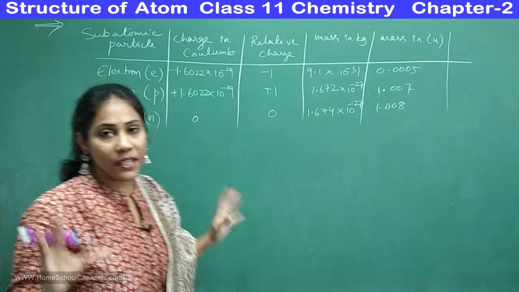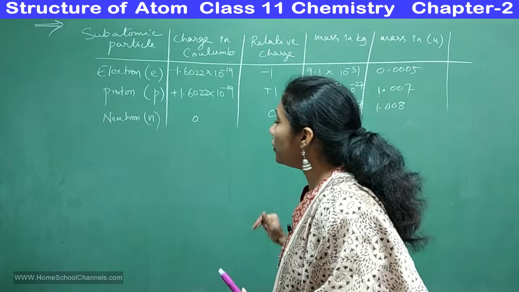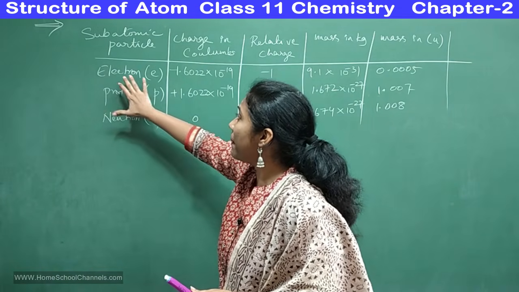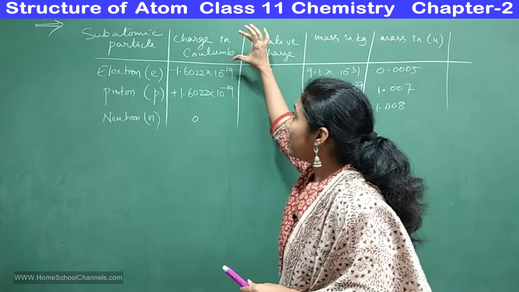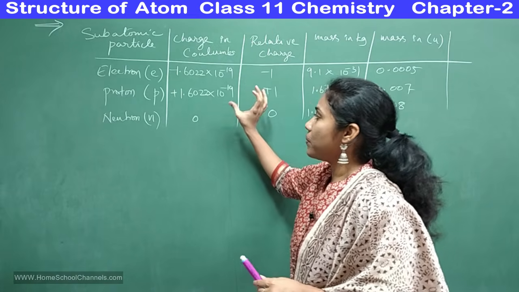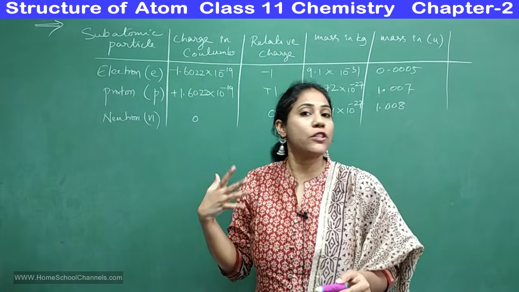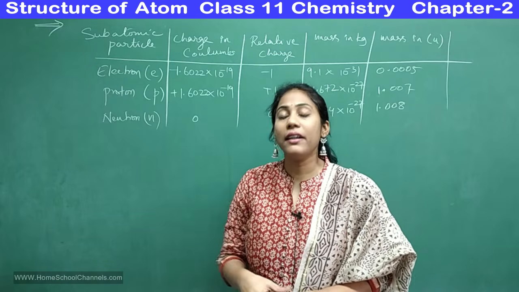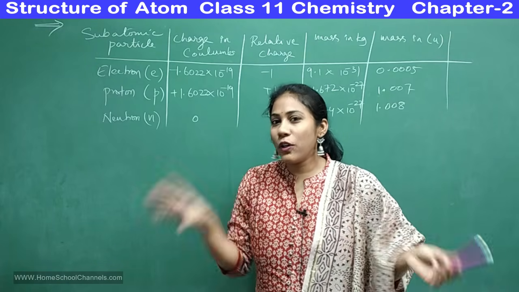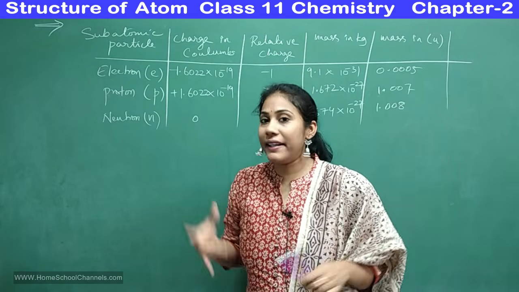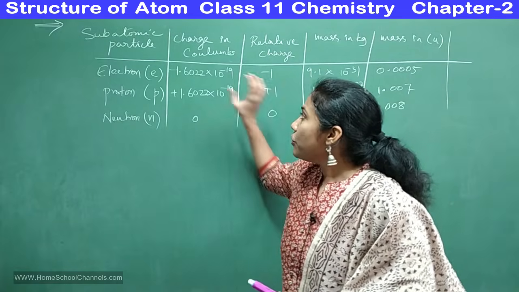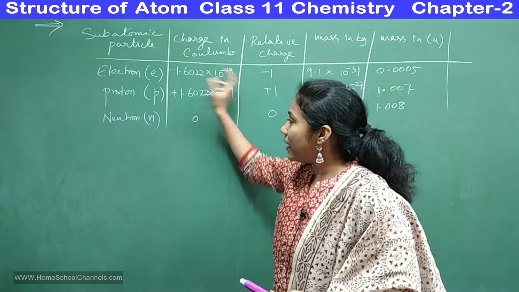You can observe this information on the board. See, subatomic particles, electron. The charge of an electron, the charge of a proton, everything was found by Millikan's oil drop method. I'll come with a separate video on this later once I complete the entire chapter. So the charge of an electron is negative.